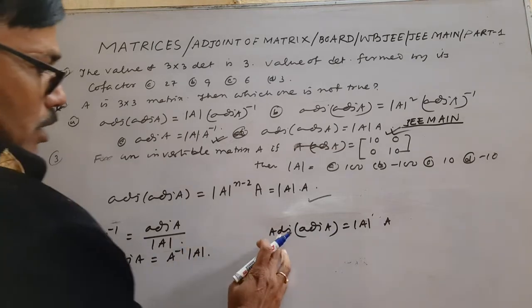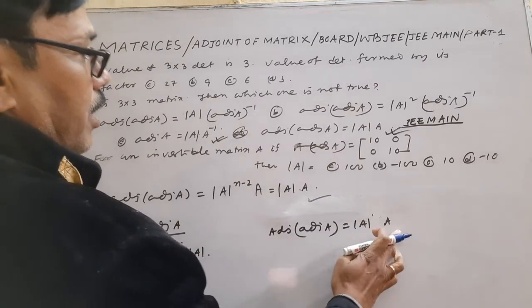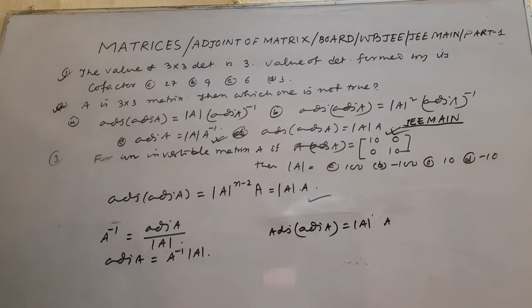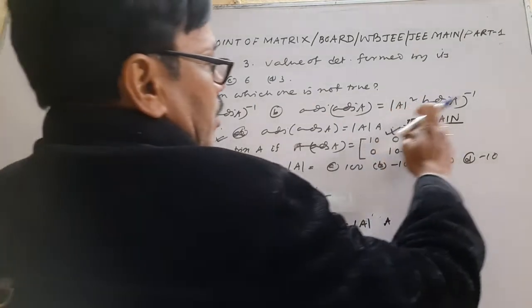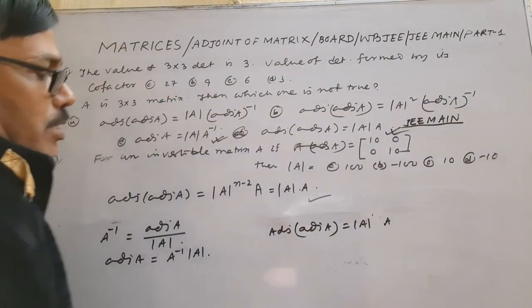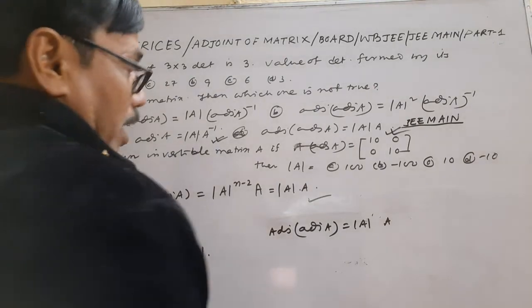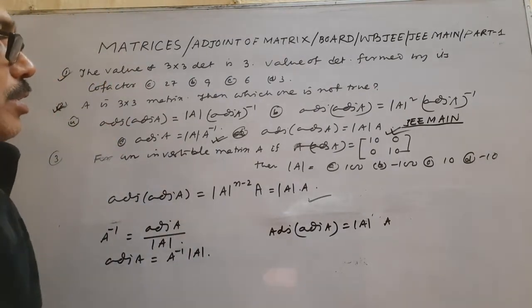Now, adjoint of adjoint A is determinant A into A. Now, this is determinant A into adjoint of A inverse. Determinant A whole square into adjoint of inverse.